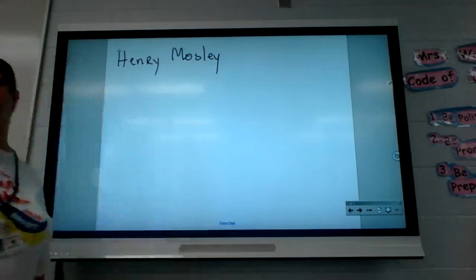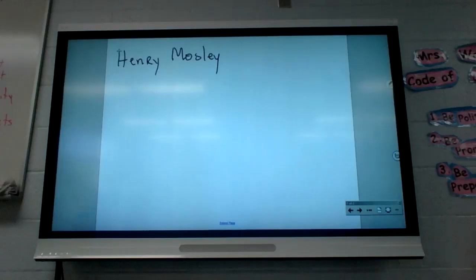Henry Moseley fixed the problem he had. How is the periodic table arranged? It's not arranged by mass. How does each element change? Protons. It's by protons, so it's arranged by what? The atomic number. There you go.